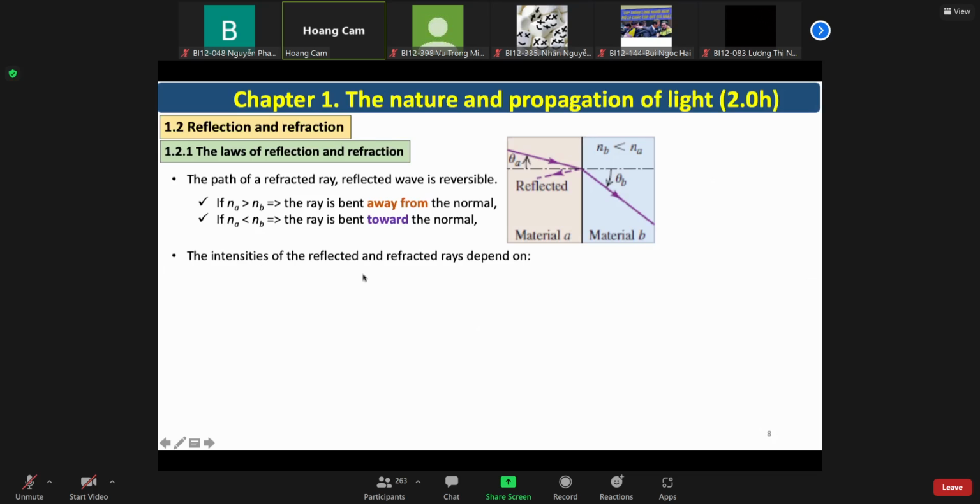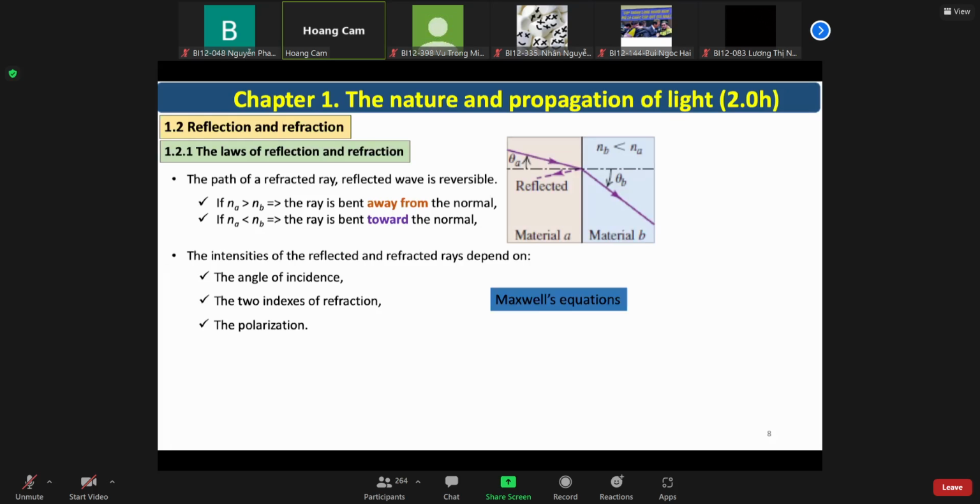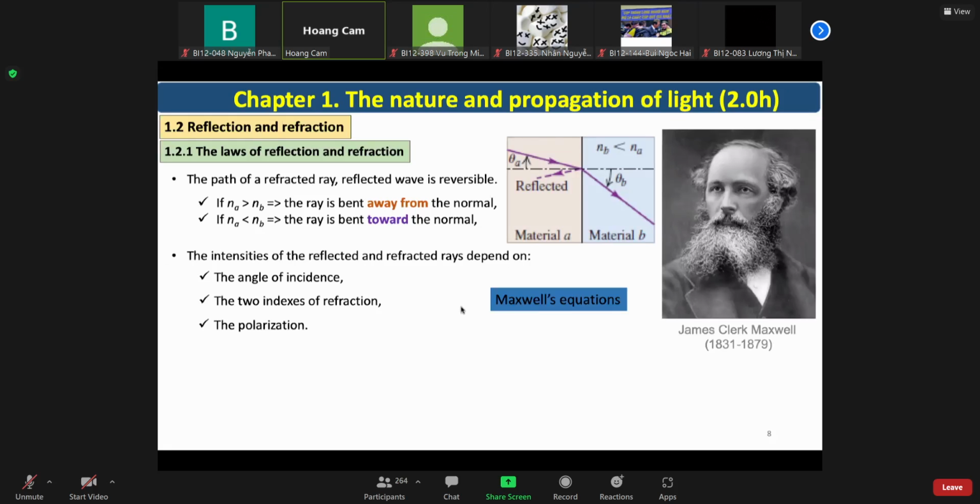The intensities of the reflected and refracted rays depend on some parameters. First, the angle of incidence. We totally agree, right? The two indices of refraction, we agree as well, following Snell's law. And also the polarization, which we will study in detail in the part on polarization, where you will see how it depends. It is related to Maxwell's equations, invented by James Clerk Maxwell.